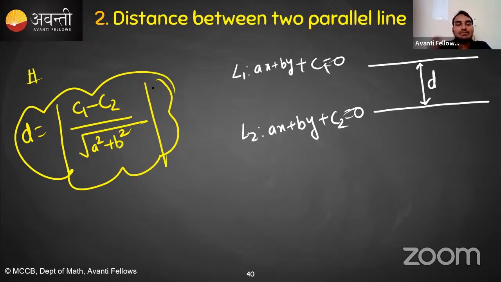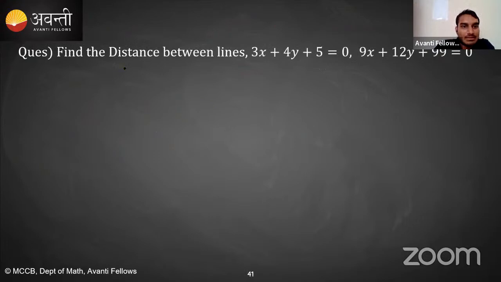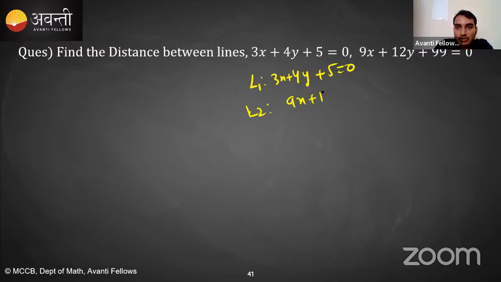Is this clear, students? Make sure that if the two lines are parallel, the coefficients of x and y are equal, a and b. Only then are you able to apply this formula. For example, let's say the line L1 is given as 3x plus 4y plus 5 is equal to 0, and the second line is 9x plus 12y plus 99 equal to 0.